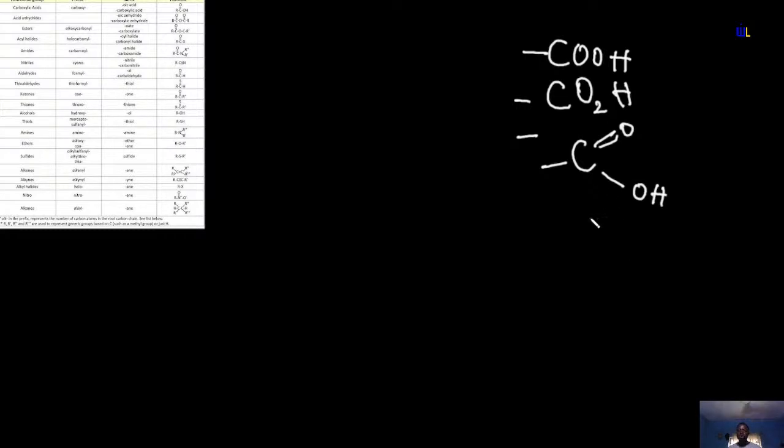Now, the esters can be written as the carboxylate group, represented as COO, just COO without anything. It means that there is space here for attachment. What could be attached here could be an alkyl group, a metal, or just anything.